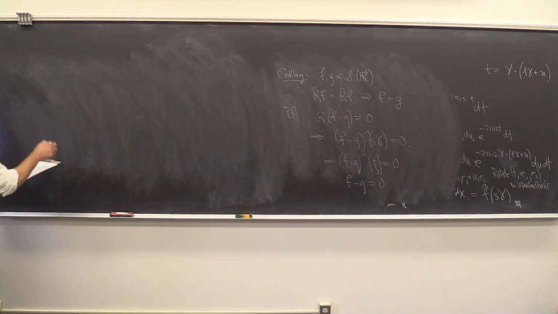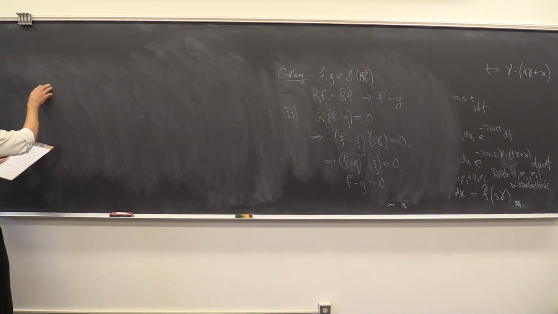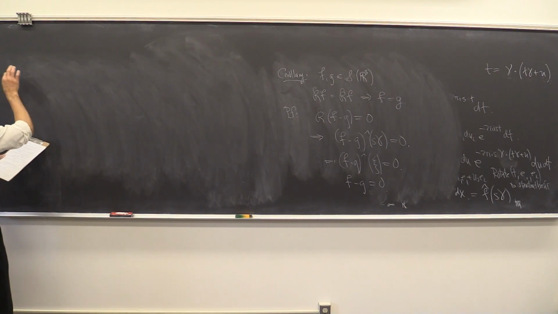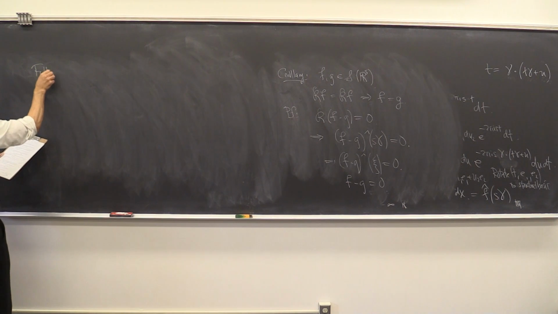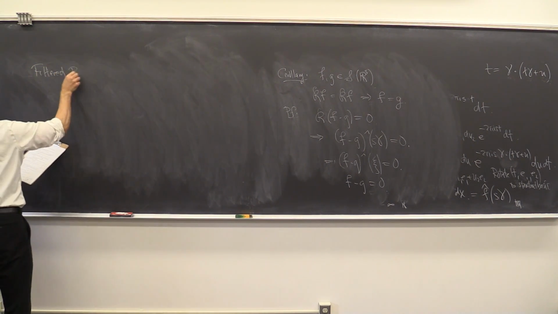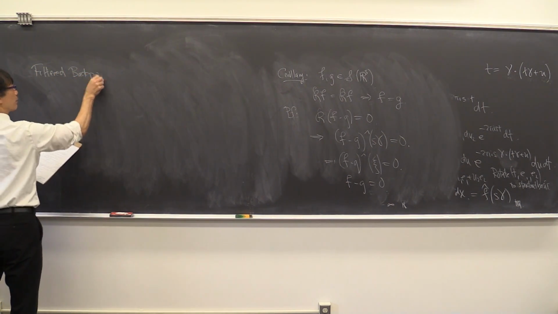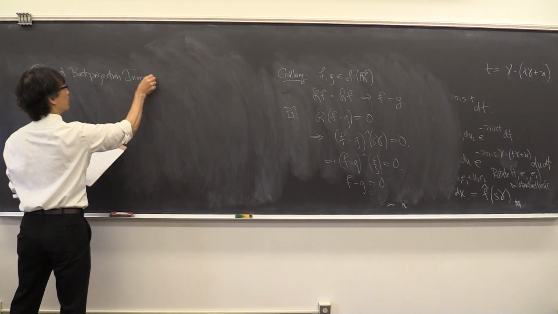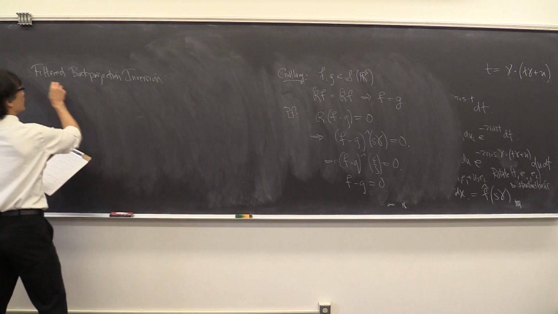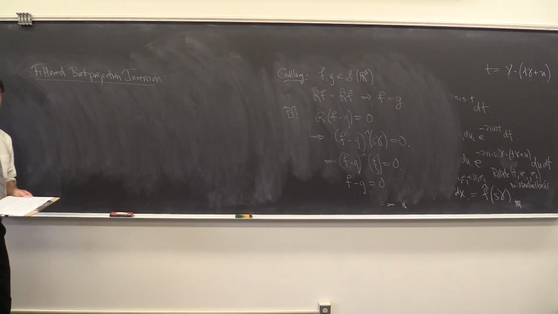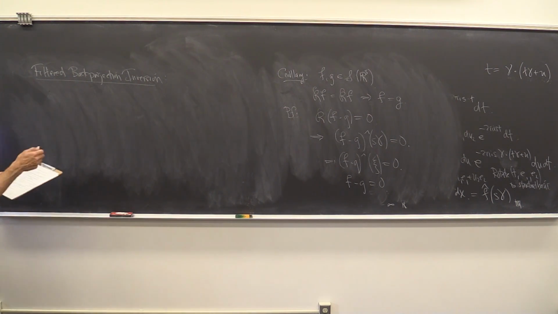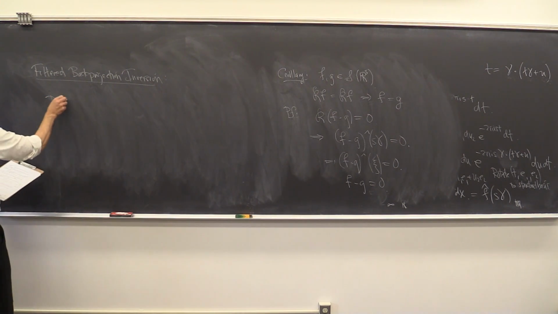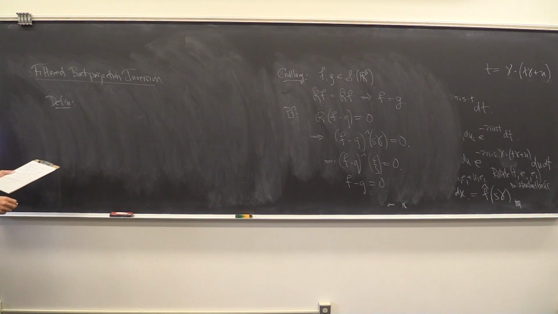The formula is called the filtered backprojection inversion formula. Okay. And that involves something called the dual Radon transform.